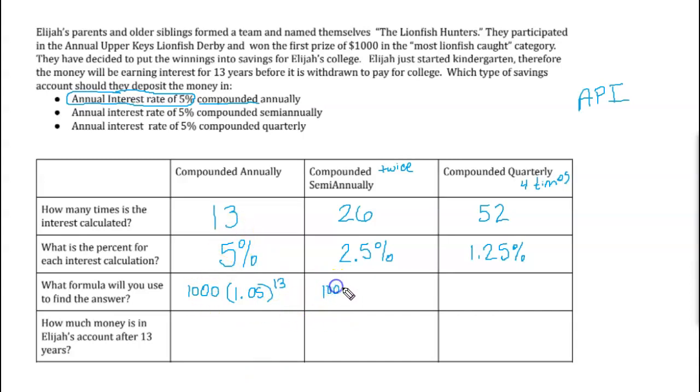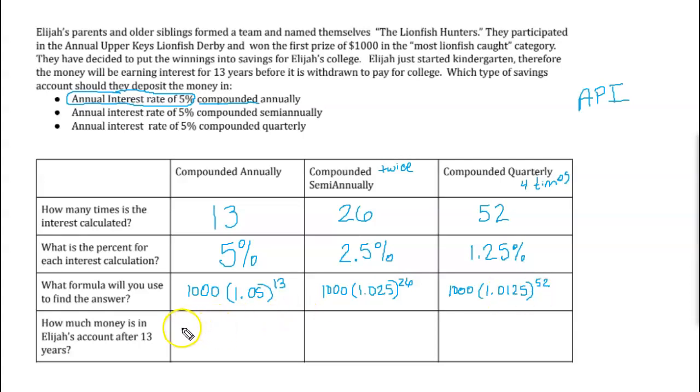For the second one, we still started with $1,000, but it's going to be 1.025, and instead of doing that multiplication 13 times, I'm doing the multiplication 26 times because it's twice per year. And then, again, we started with 1,000, but it's 0.0125. And instead of calculating and doing my multiplication 13 times, I'm going to have to do it 52 times because we do it 4 times per year.